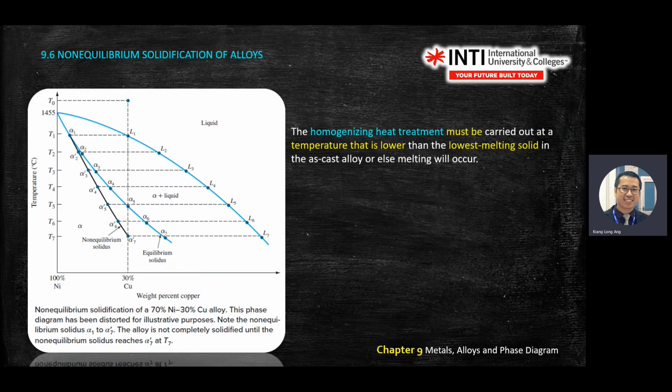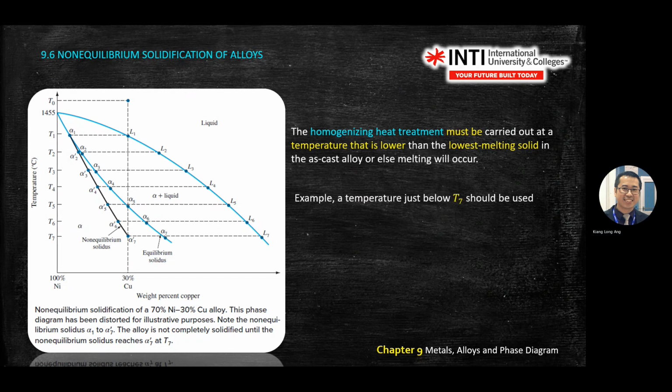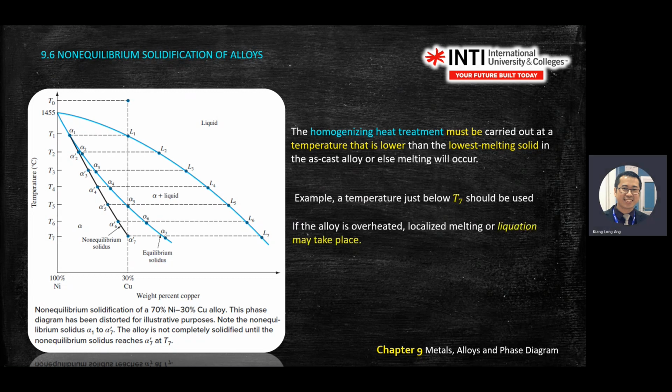Okay. So homogenization heat treatment must be carried out at a temperature that is lower than the lowest melting temperature, where melting occurs. Right. So this one is playing with the temperature. So a temperature just below T7 should be used. So here is non-equilibrium. This one is equilibrium.